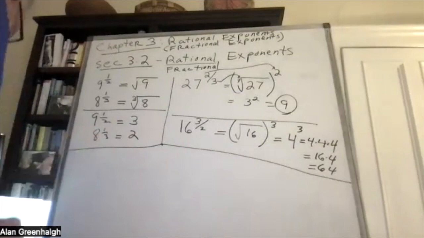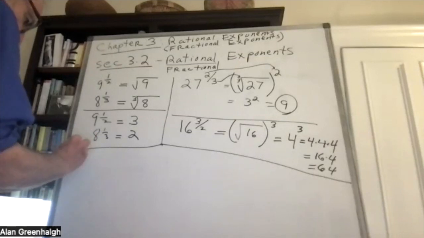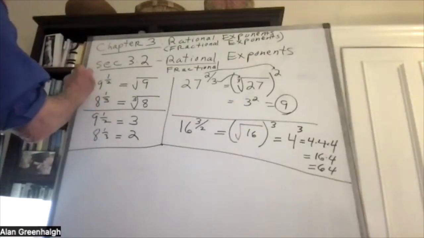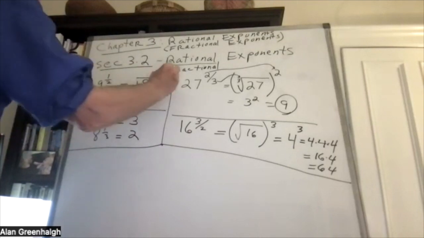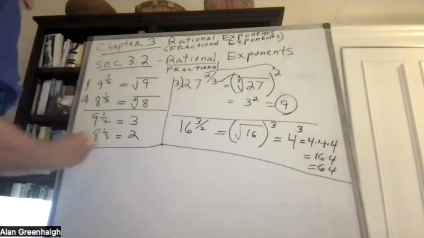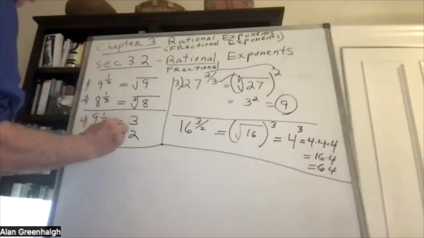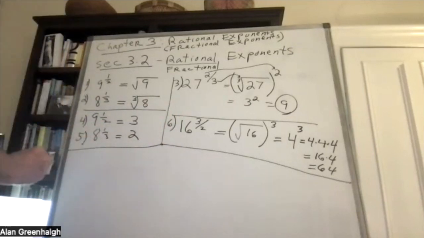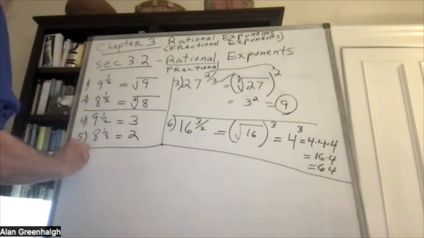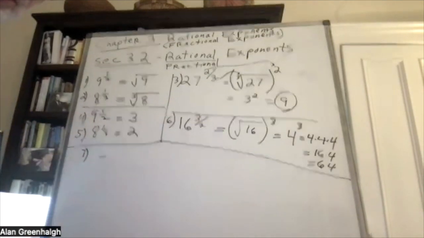Okay, get the idea there? How about a negative? So this is problem 1, this is problem 2, this is problem 3, this is problem 4, problem 5, and problem 6. Okay, now problem 7 will be, Professor, yes.